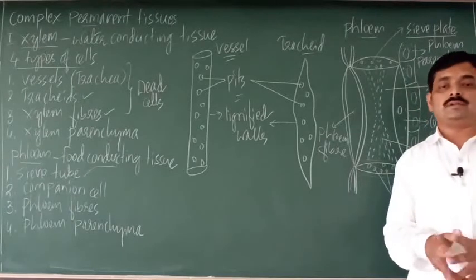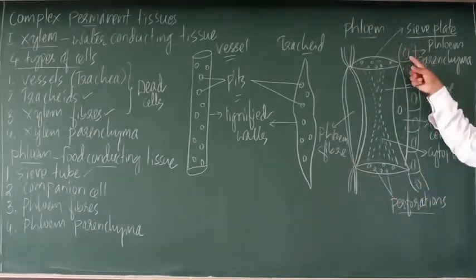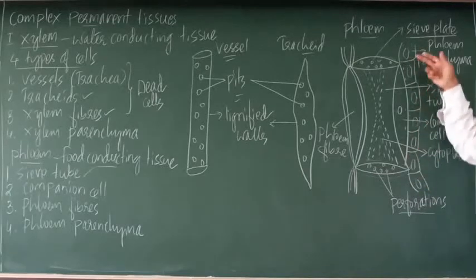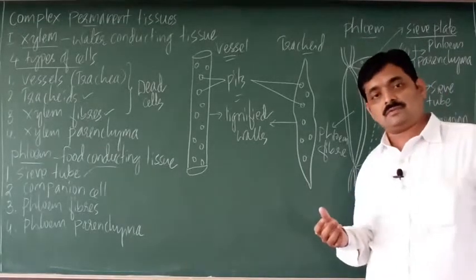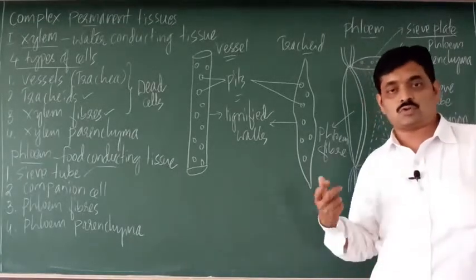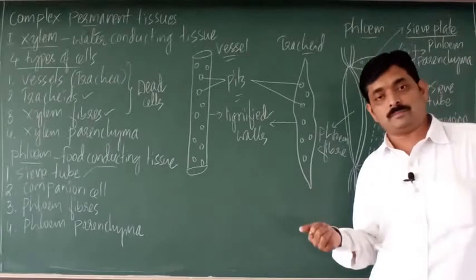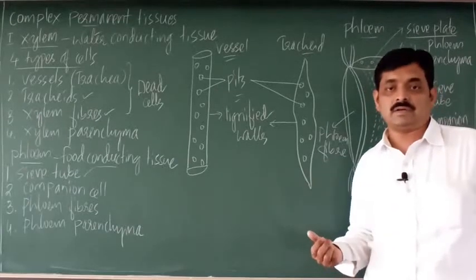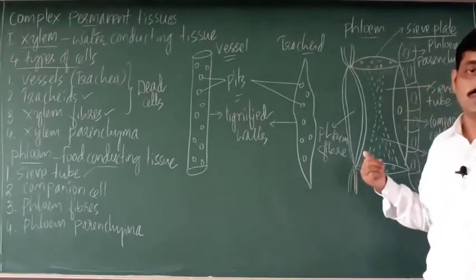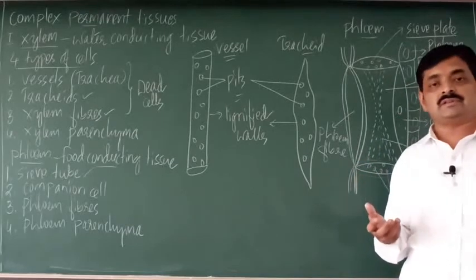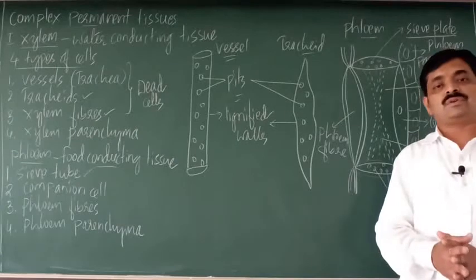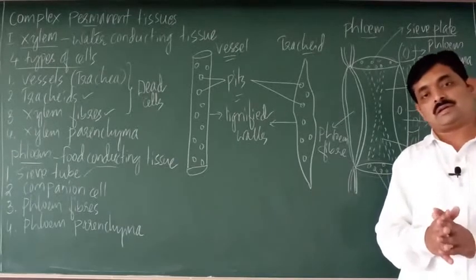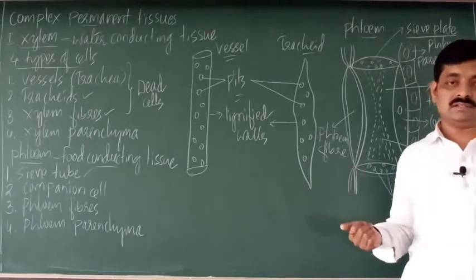Then the next one is the phloem parenchyma cells. So these are all phloem parenchyma cells. Now these parenchyma cells, right, the parenchyma cells associated with phloem, they form phloem parenchyma, and their function is to store the food materials. So storage of food materials is done by the phloem parenchyma cells.